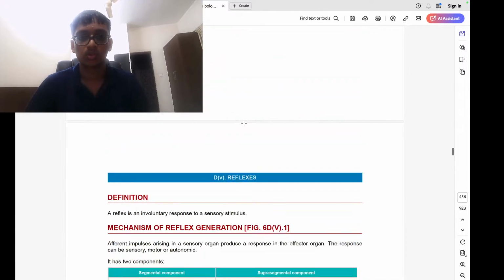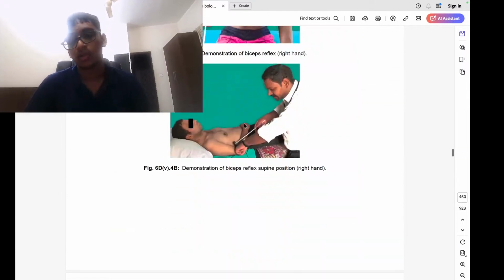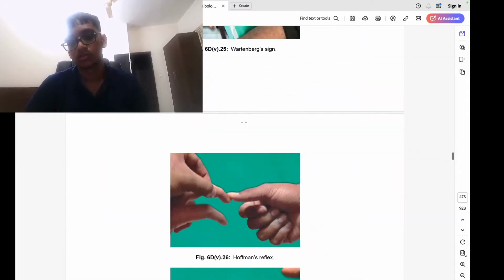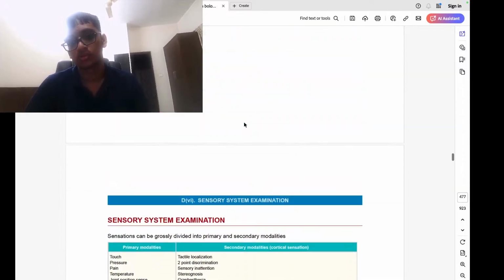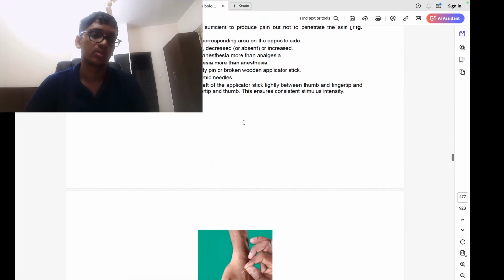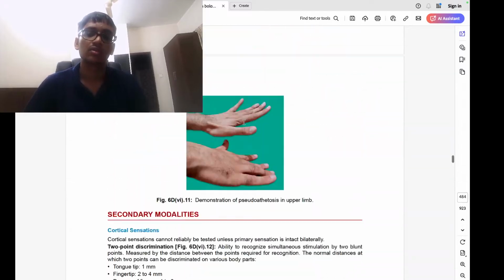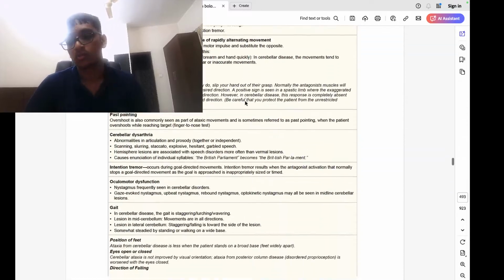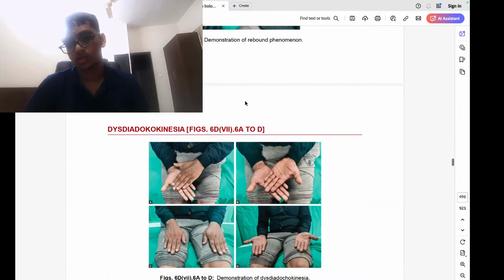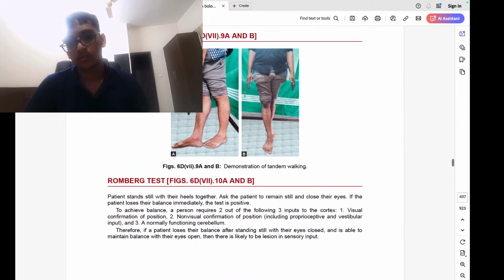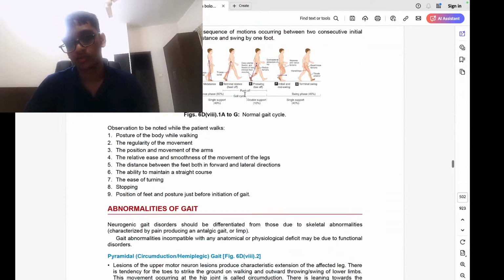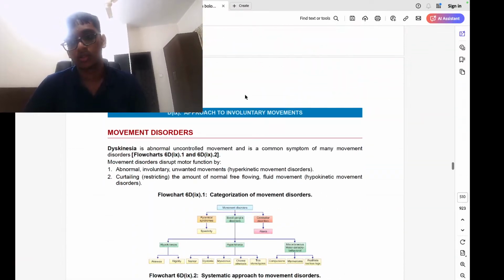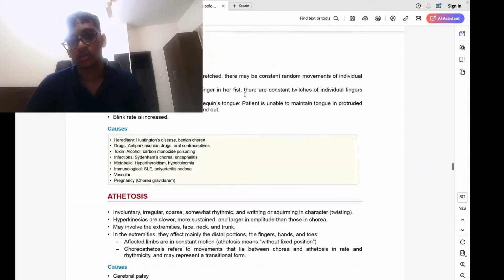I can do motor and reflexes, which are very easy. Sensory system examination might be difficult, and it's also mostly images. A lot of these are images, but a lot of them are also very important topics. Cerebellar and gait is okay, we can do it in 1 day, and involuntary motions.